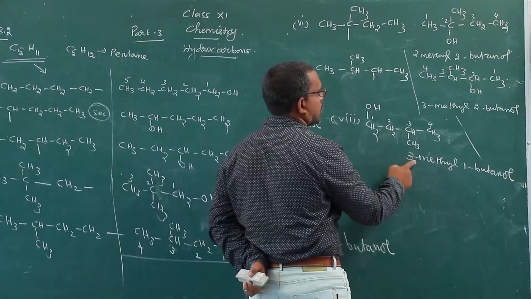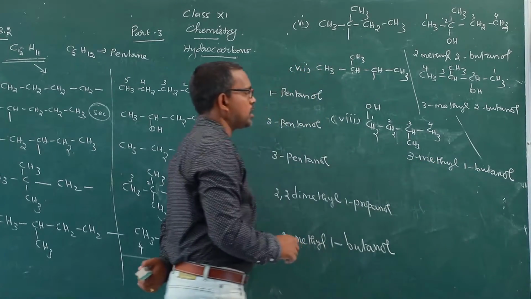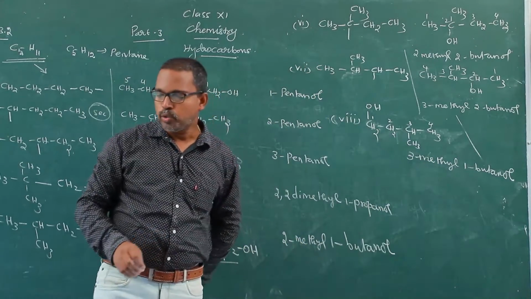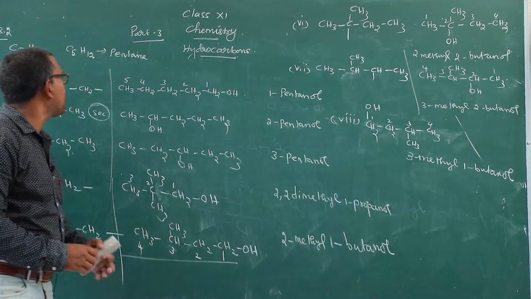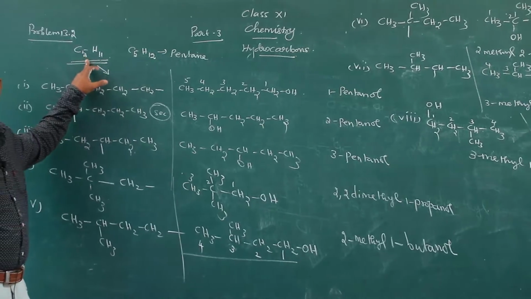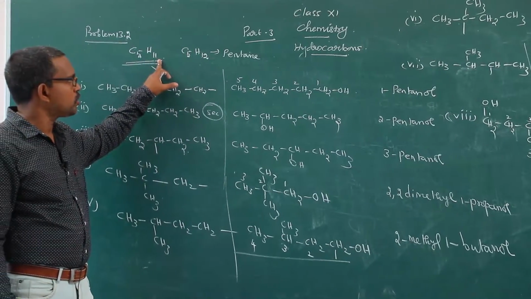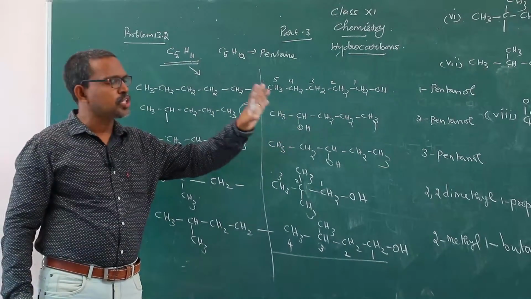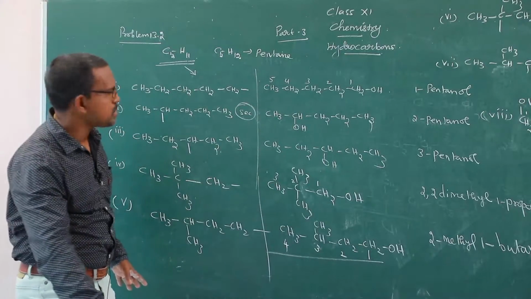So this compound is called 3-methyl-1-butanol. These are the isomeric compounds obtained on the basis of the alkyl group C5H11.